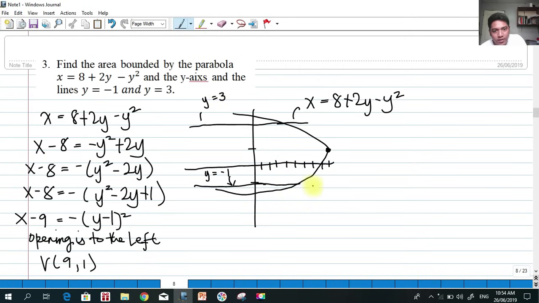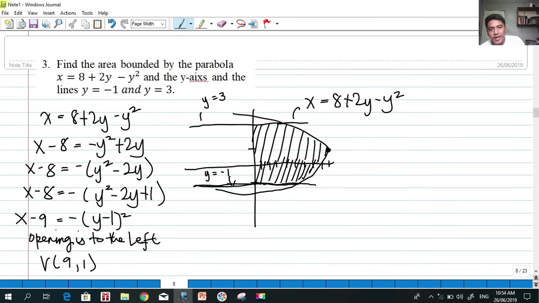So we have two lines here. So the problem is asking to find the area bounded by this parabola, the y-axis, and the lines y equals 3 and y equals -1. So our point of interest, the area is actually what? This area, including the line y equals -1. So that must be the area.